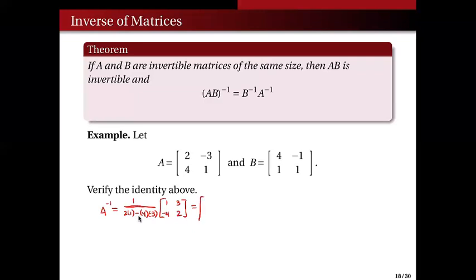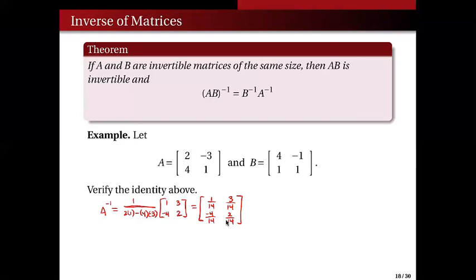So this guy here will be 1 over 14, 3 over 14, negative 4 over 14, 2 over 14. So I'm not simplifying these fractions here. So this is the inverse of A.